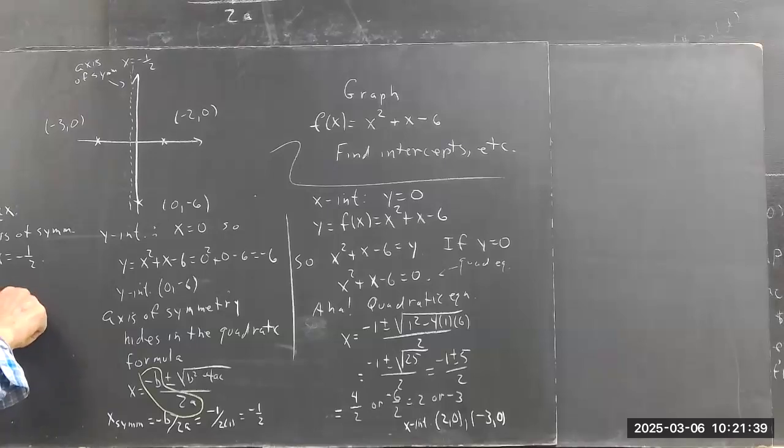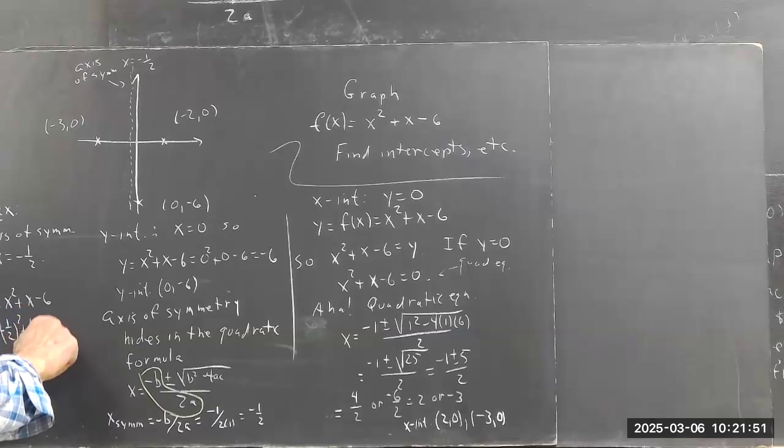Y equals x squared plus x minus 6, equals 1/2, sorry, negative 1/2, 1/2 minus 6, which equals 1/4 plus 1/2 minus 6. And we can do the fractions.